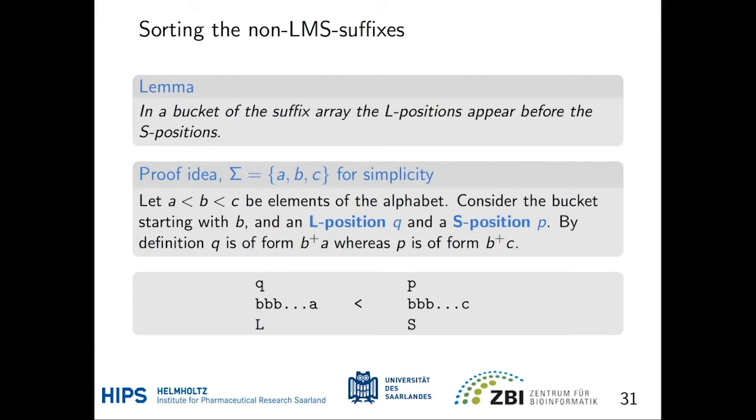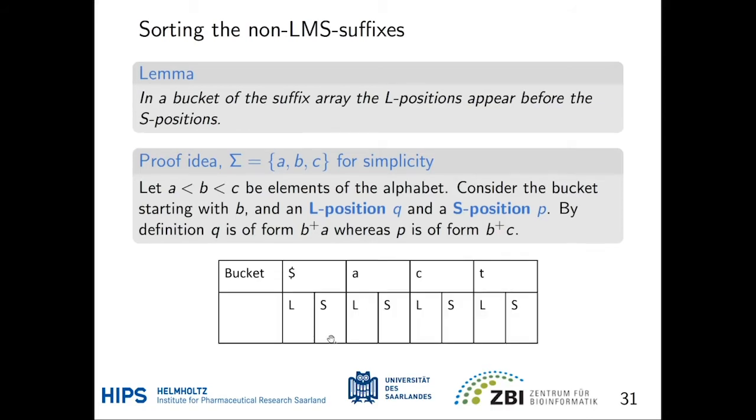By definition of L and S positions, the suffix corresponding to Q is going to be of the form of some number of B characters and then a character A, because otherwise it wouldn't be an L position. And the suffix corresponding to position P is going to be in the form of some B characters and then a C character. So it doesn't matter how many B characters we have, a suffix of this form is always going to be smaller than a suffix of this form, and so the L positions should come before S positions.